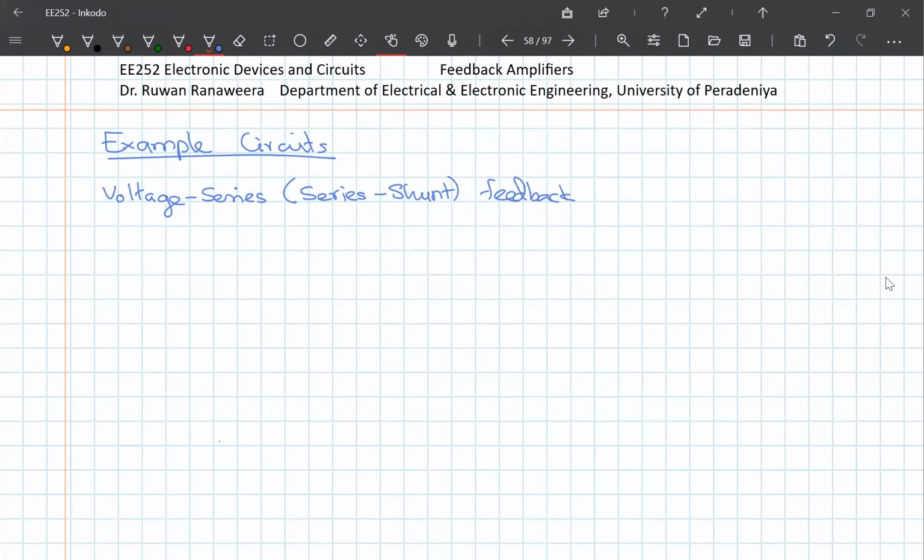This is basically what we have analyzed, the voltage amplifier with feedback. We looked at one circuit. Now I'm going to give you a two-stage circuit, a little bit more complicated. This is just an example. You don't have to memorize this, I'm just giving you some idea about different types of circuits.